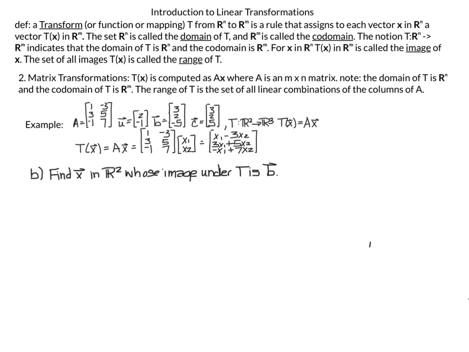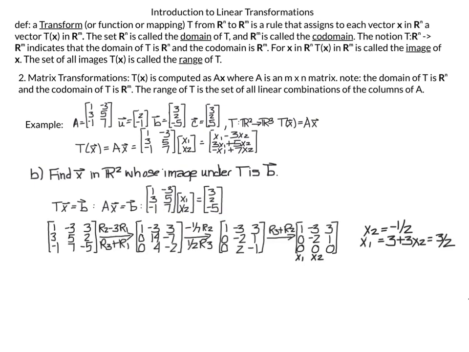The second question: find x in R2 whose image under T is B. Here's our vector B. In other words, when we have our transformation Tx equals B, we want to find the x that gives us B. So I put in my A matrix, then my x that we're trying to find, and then I plug in my B. So we're solving this matrix equation, and we know how to do that using the augmented matrix.